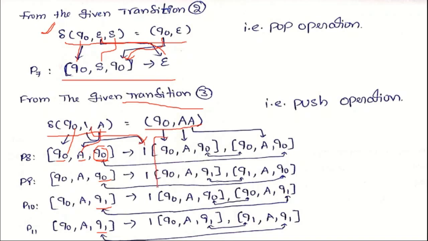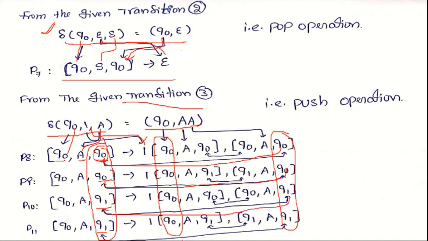In all these 4 production rules, this state is fixed, and the last state is based on this combination. Whatever state appears here, the same state can occur at the last. So here Q0, that's why at last Q0; here Q1, that's why at last Q1.